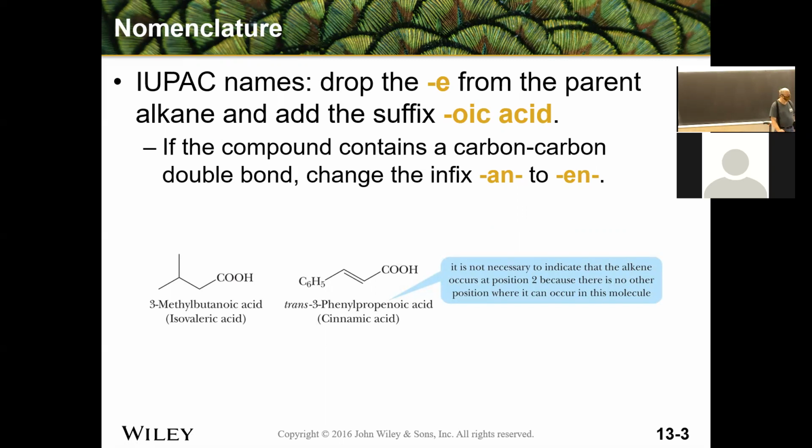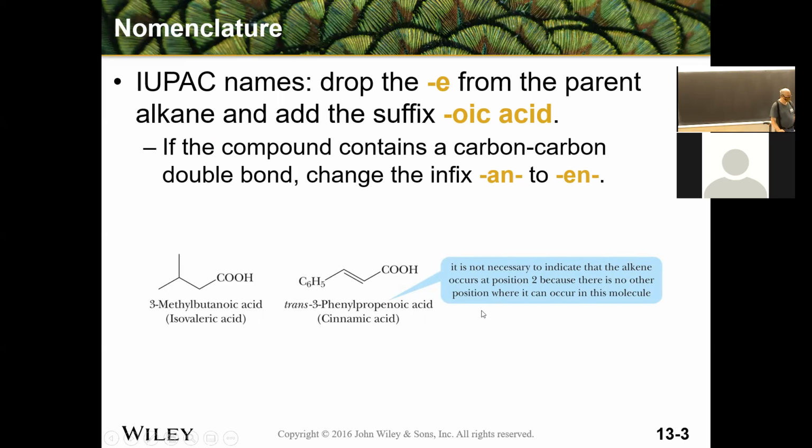So this is butanoic acid, and then there's a methyl on carbon number 3, so 3-methylbutanoic acid. The common name for this is isovaleric acid. We'll talk a little bit about common names shortly.